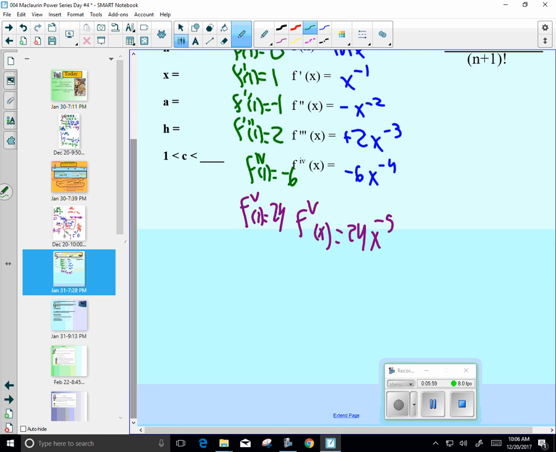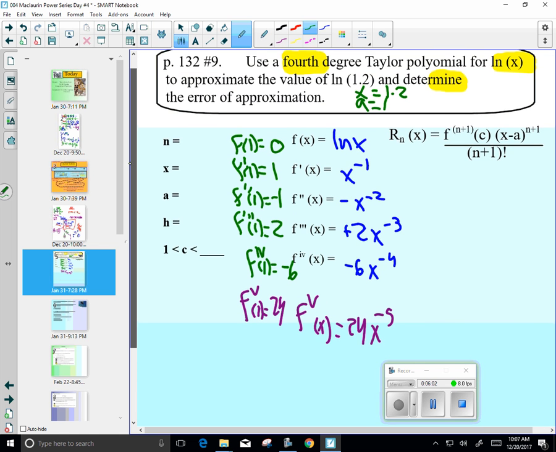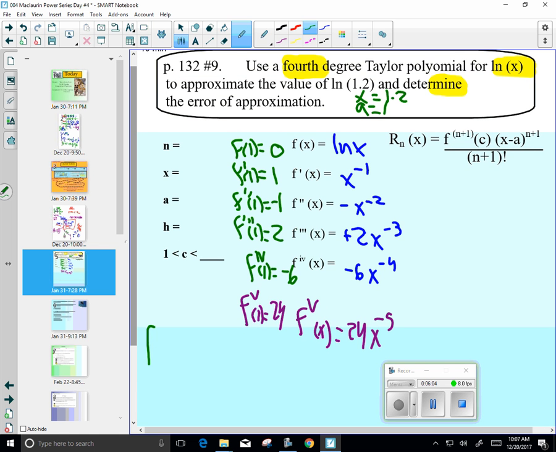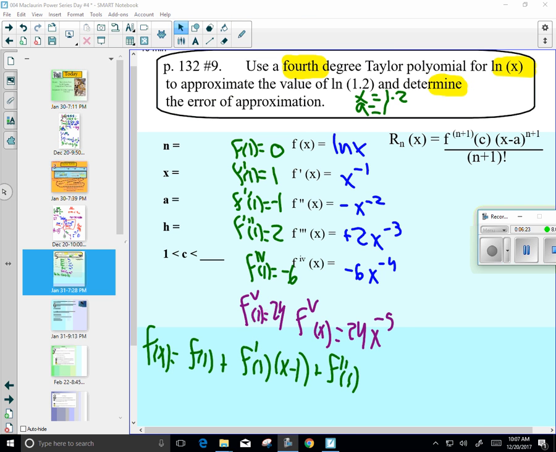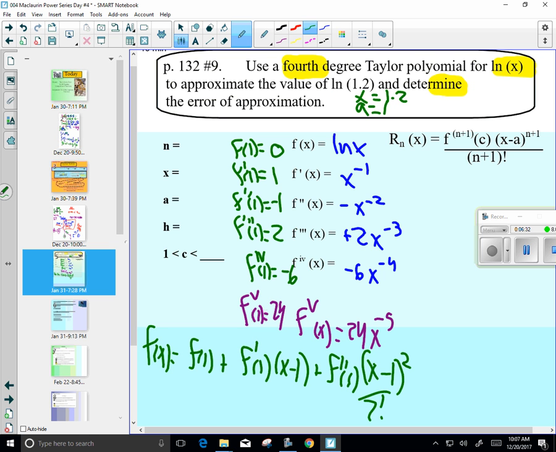A very helpful thing for you with the test coming up. We're going to build this polynomial f of x. You take f of 1 plus f prime of 1, x minus 1, plus f double prime of 1, x minus 1 squared over 2 factorial, and you just keep going.